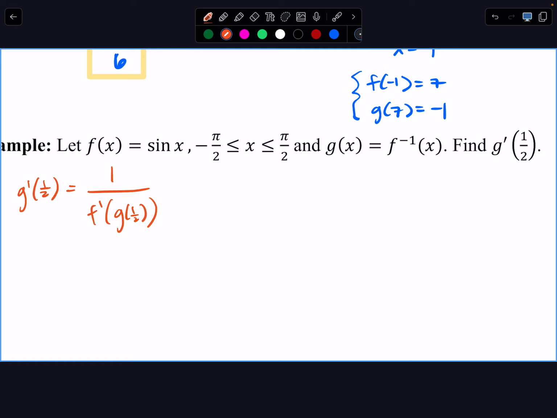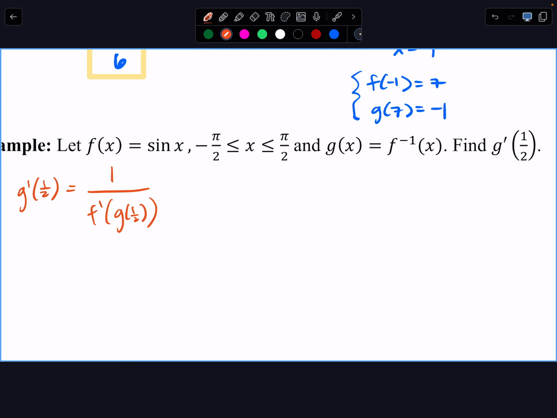And if you remember, we had restricted the domain of sine to be negative pi over 2 to pi over 2 to make it a 1-to-1 function and pass the horizontal line test. Which means that the range of its inverse, arc sine, would be between negative pi over 2 and pi over 2, right?